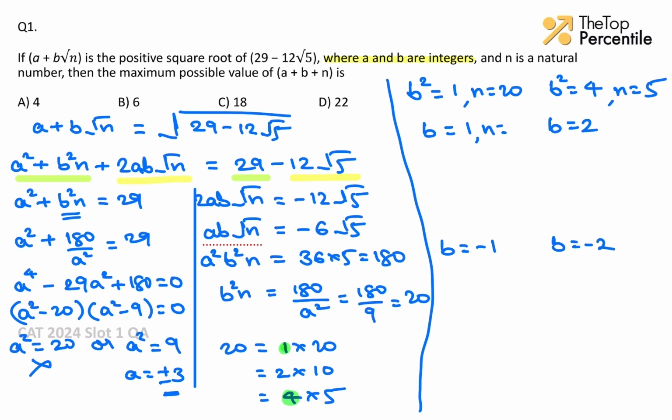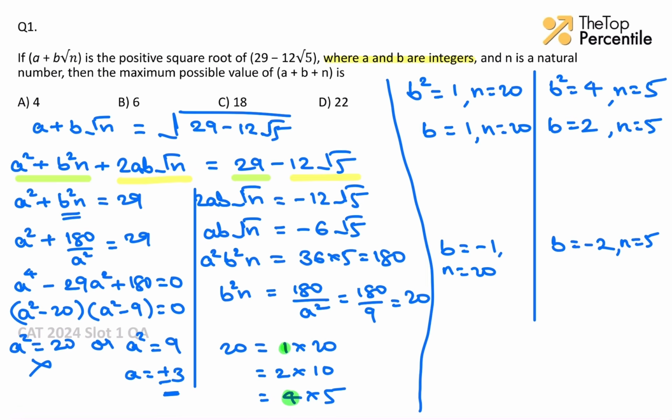And I know n is 20 here, n is 5 here. Let me separate this. So let me also bring in a in these conditions.